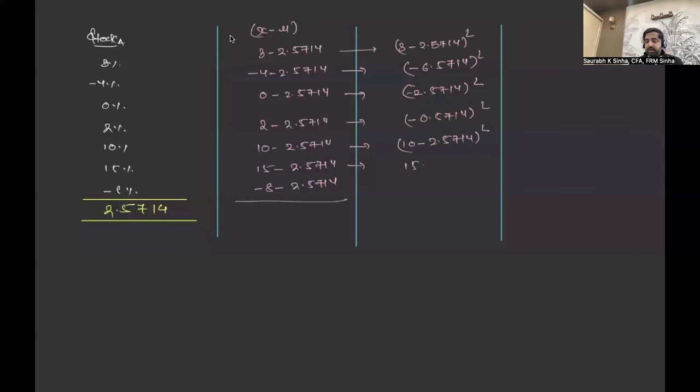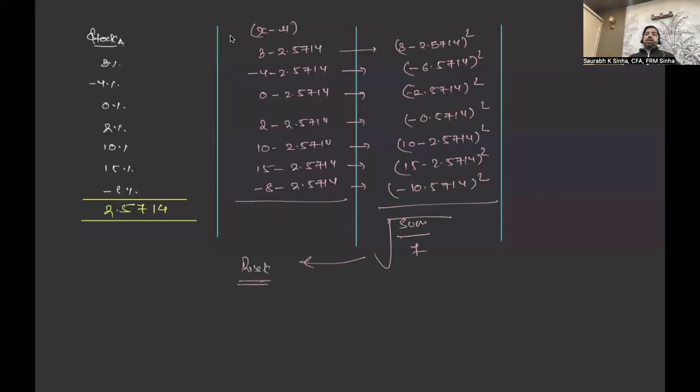Then 15 minus 2.5714 whole square, and this would be 10.5714 square. Then you sum the values, divide by the number of entities, 7, and then take the square root. That's how you calculate standard deviation, and that will give you the risk.